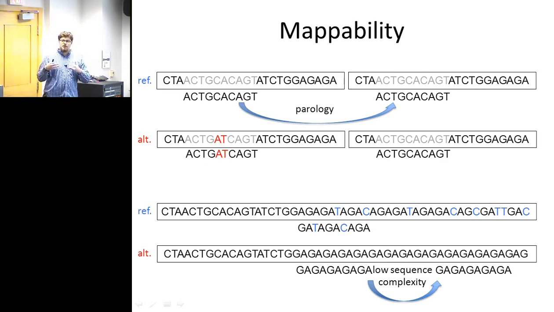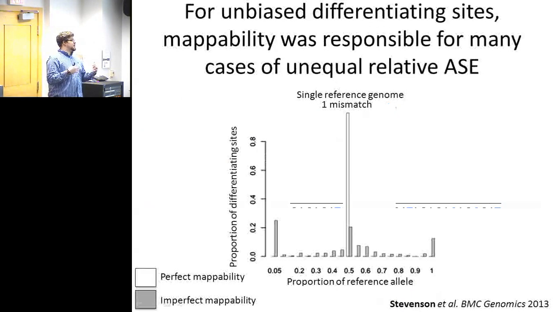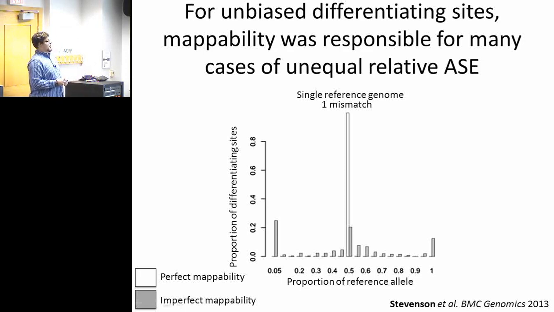So we then took our differentiating sites from our different methods and classified them as either showing perfect or imperfect mappability to our particular genome. So in our single reference genome case, where we're allowing a single mismatch, for differentiating sites labeled here in white that show perfect mappability, we were largely able to recapitulate the simulated level of 0.5 proportion of the reference allele.